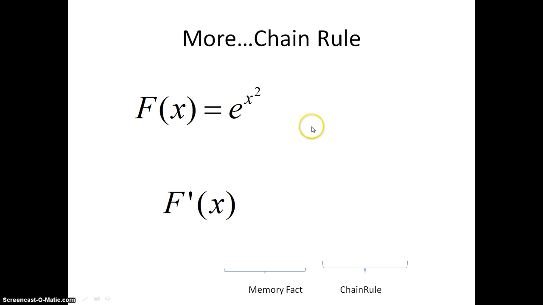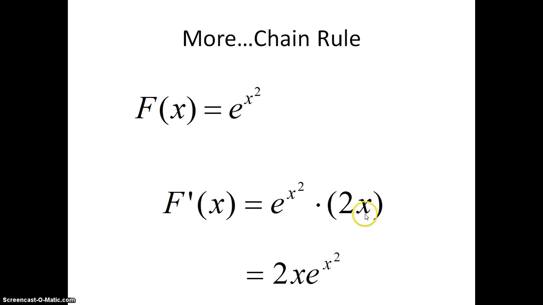Okay, to continue a little more quickly, still in the forwards direction, if we have this composition function e to the x squared, the derivative is almost just e to the x squared, but we have to multiply by the derivative of the exponent. So we get this factor of 2 times x. And many times you'll see the 2 times x written out front and multiplying the exponential.